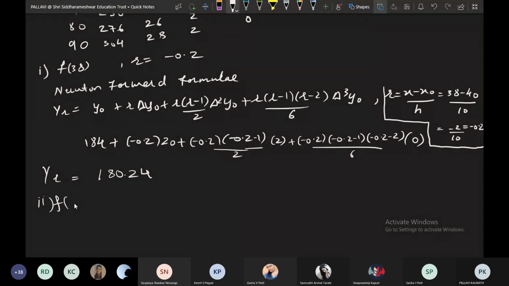F of 85. Which formula are you using for f of 85? Backward formula. In the backward formula, what will be the r value? x minus xn divided by h will be your r. So x is 85, minus xn, the last value.